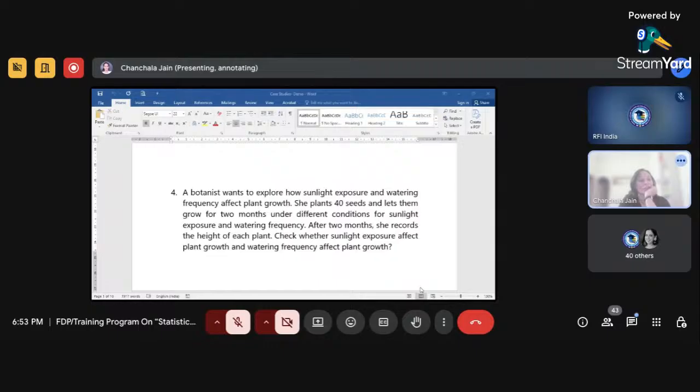Any other opinion? Very correct. I think many of you are saying yes. Ma'am, is it not paired t-test? How will it be a paired t-test? Because there are two given, before and after, so I thought it is a paired t-test. No, I think it is written she plants 40 seeds and lets them grow. It is not mentioned that two measurements have been taken of the height of the plants. Right, ma'am. Thank you.